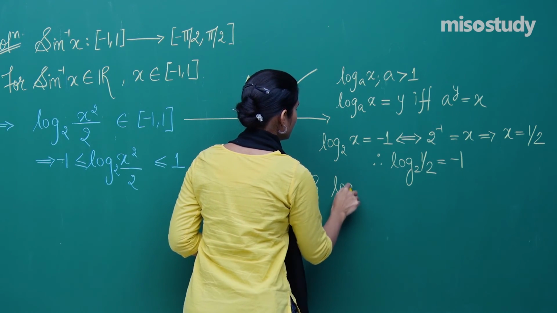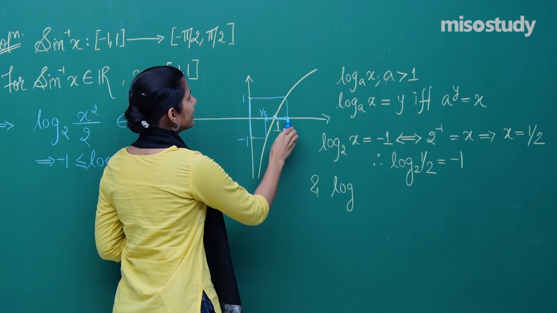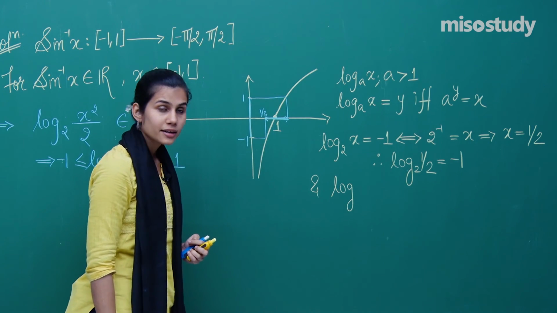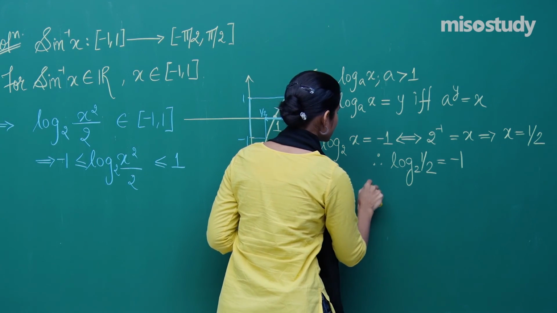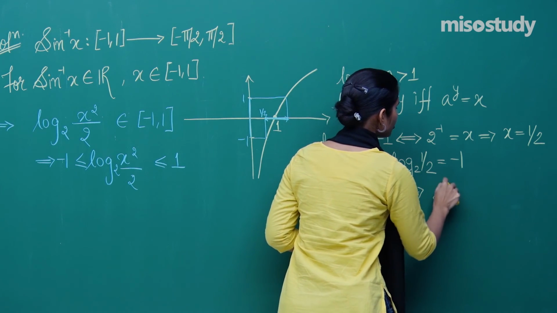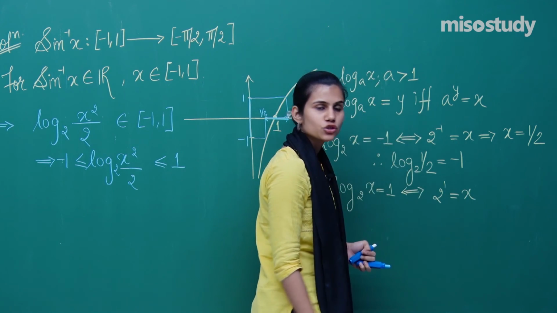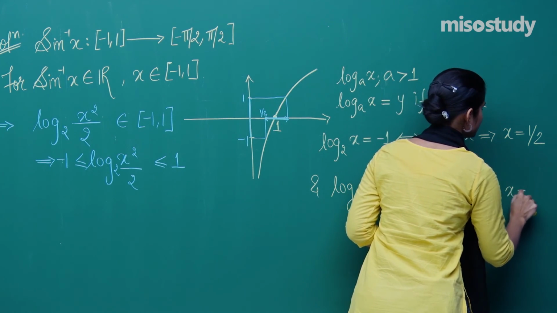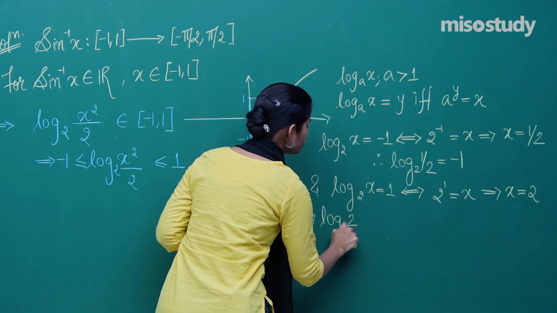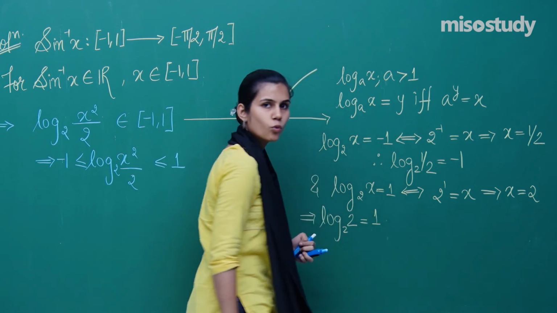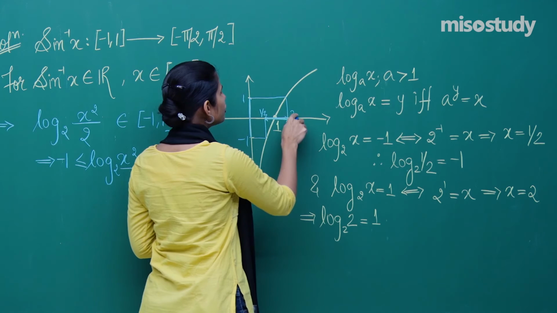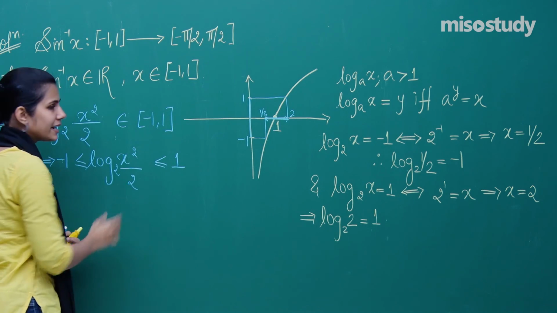And here I want such x such that log x is 1. For log x to be equal to 1, this is possible only when 2 to the power 1 is x by the definition of log, which means x is equal to 2, implying that log 2 to the base 2 is 1. So whenever x is lying between half and 2, log x is lying between minus 1 and 1.